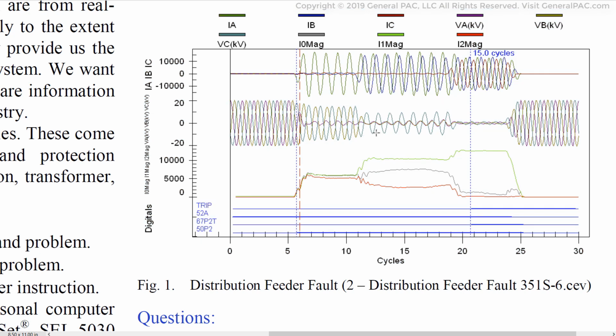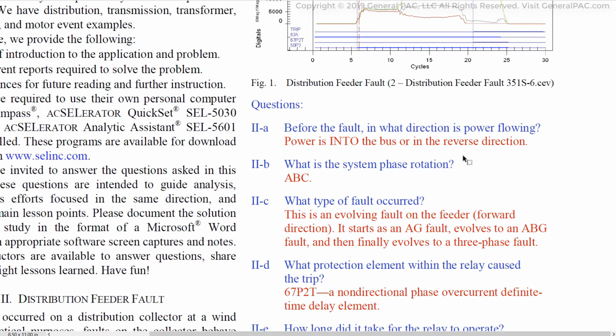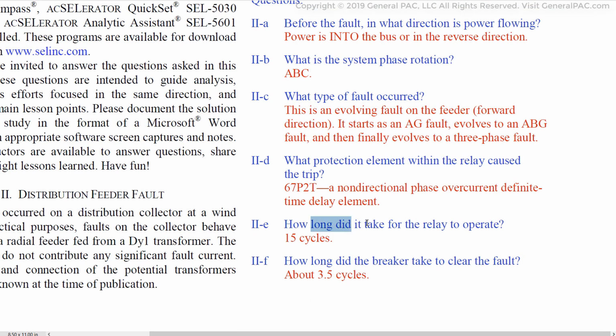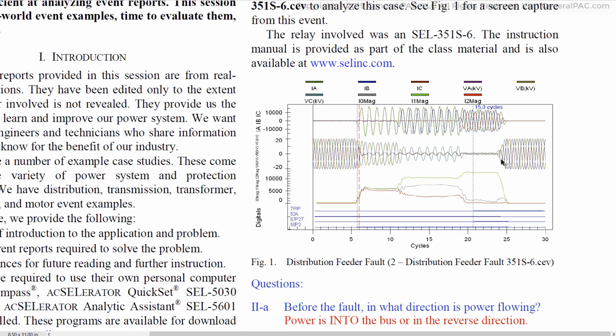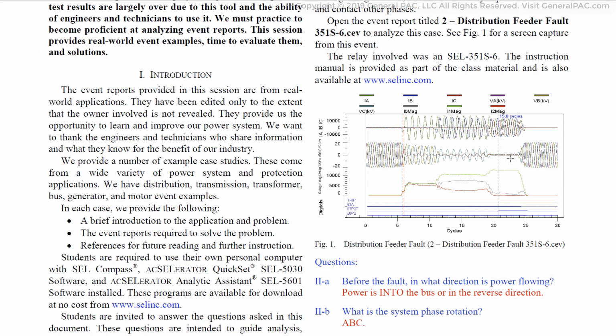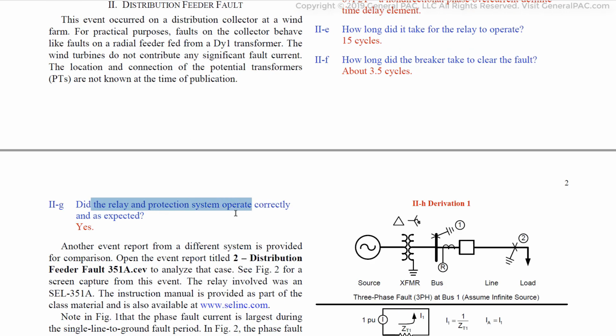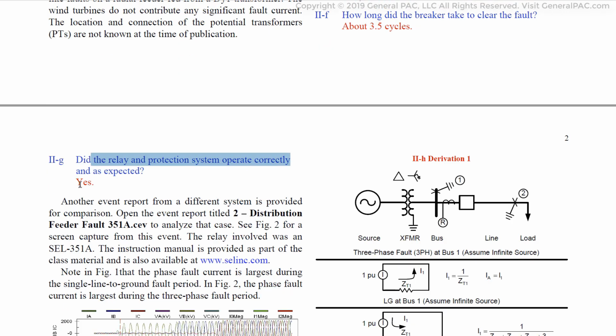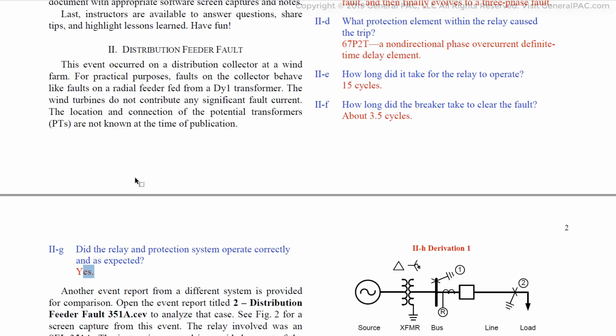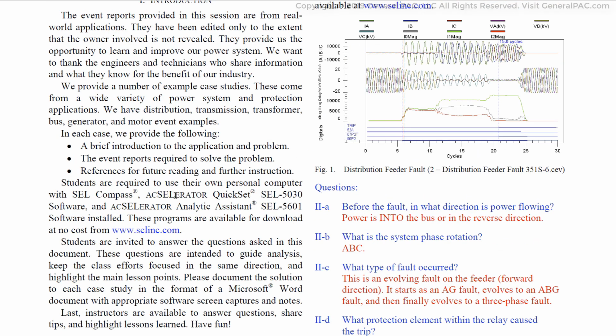So the relay detected the fault, but because there was a 15 cycle delay, it waited that long before it could issue the trip. How long did it take for the relay to operate? 15 cycles. And how long did the breaker take to clear the fault? We said about 3.5 cycles, which is what this also says. And did the relay's protection system operate correctly? That was yes. So I hope this was useful and enlightening.